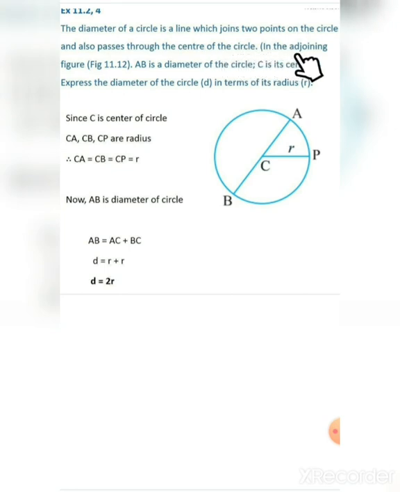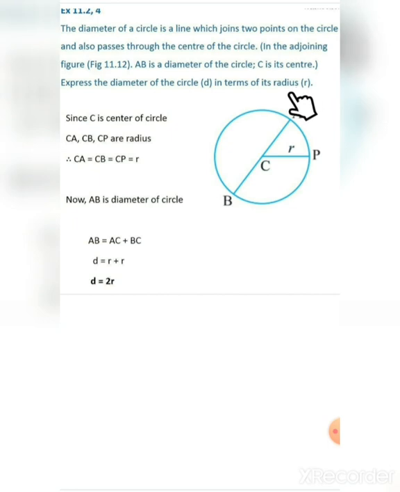In the adjoining figure, AB is the diameter of the circle. C is its center. As you can see here, AB is the diameter, C is the center. Express the diameter of the circle in terms of its radius.